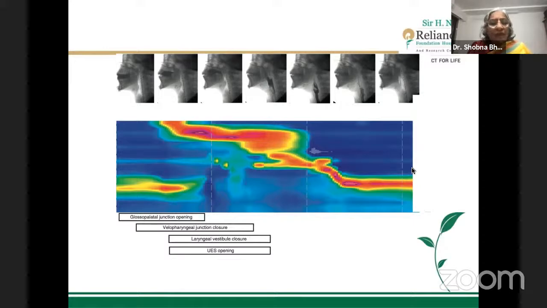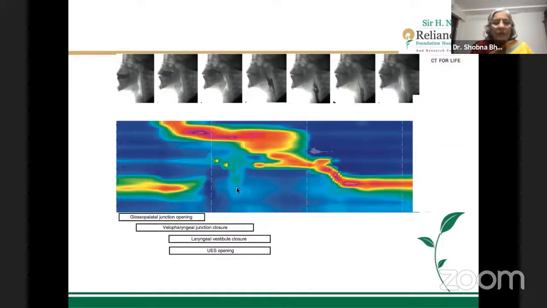And the events that occur are so coordinated that the food pathway is converted from the respiratory pathway, which means that in normal situations, we are using part of the same pathway for breathing. As soon as we start swallowing, the glossopalatal junction opens, the laryngeal vestibule is closed, and it's only then that the upper esophageal sphincter opens. And this is the upper sphincter opening.